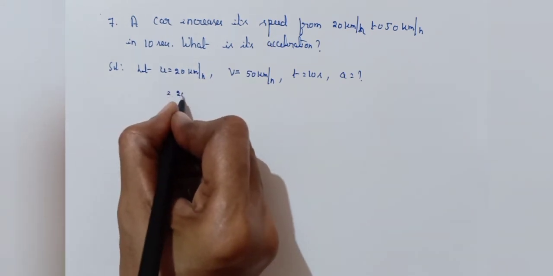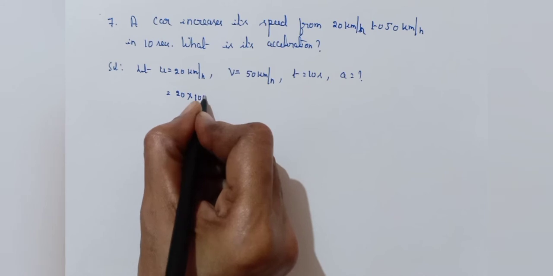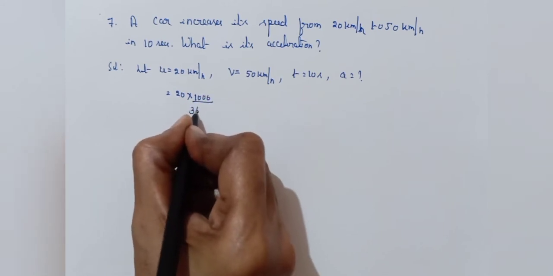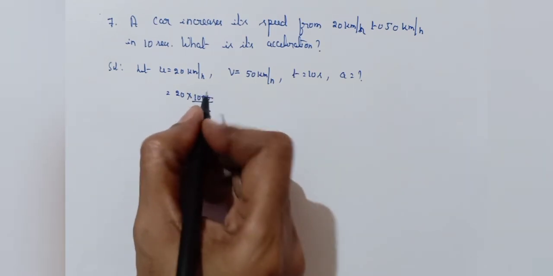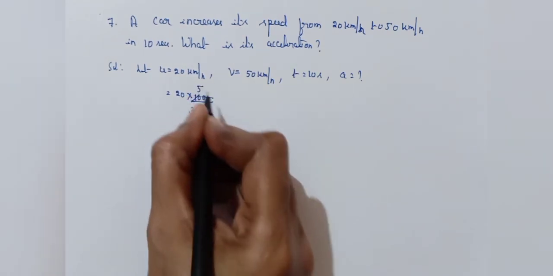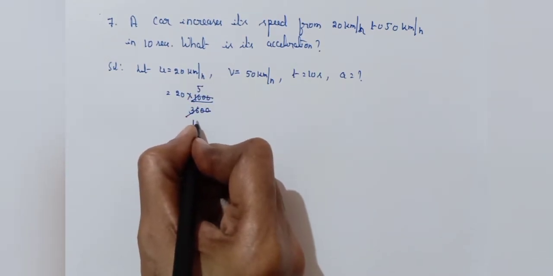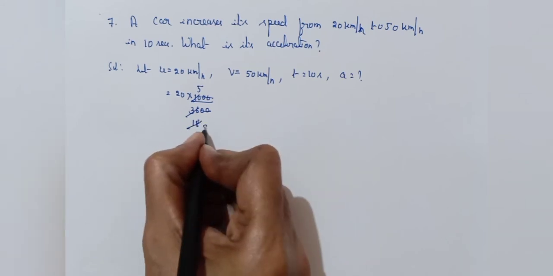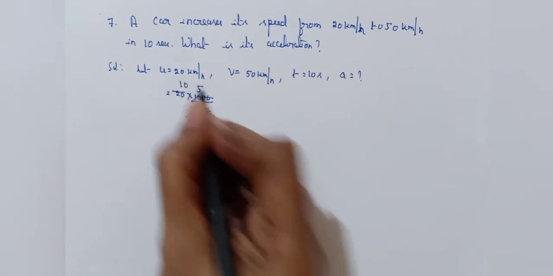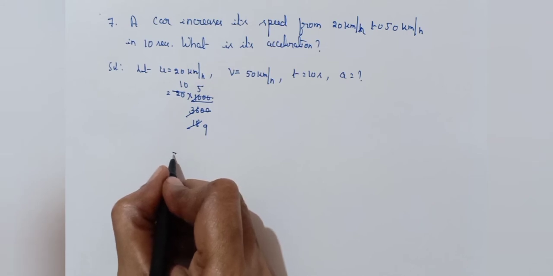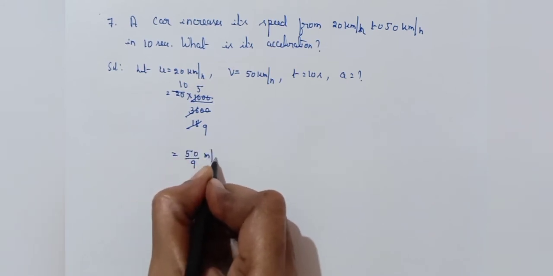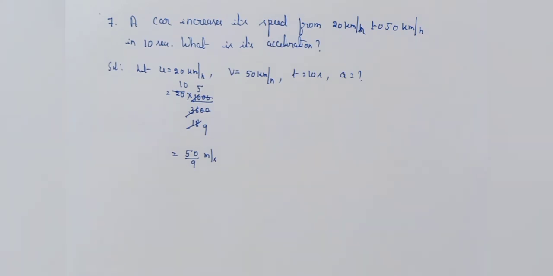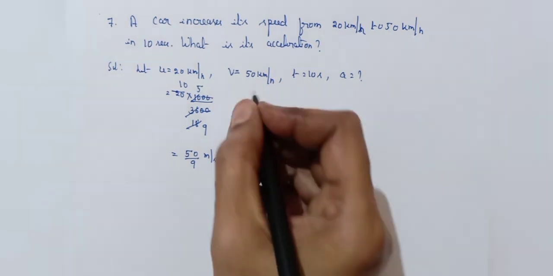So 20 into 1000 by 3600. Cancel this 0. Next 2 5s are 10, 2 18s are 36. Next 2 9s are 18, 2 10s are 20. So 50 by 9 meter per second. So the initial speed is 50 by 9 meter per second.